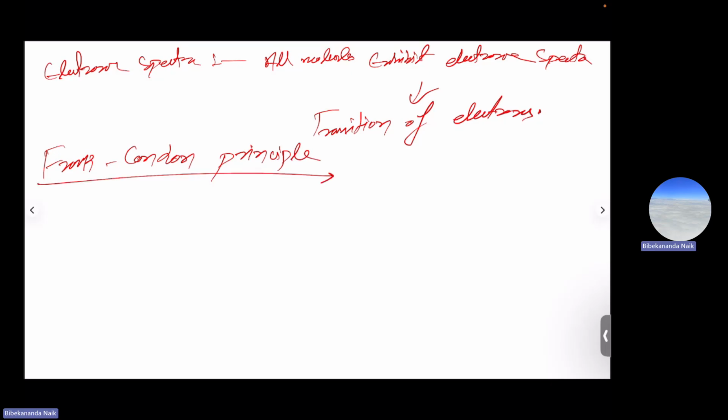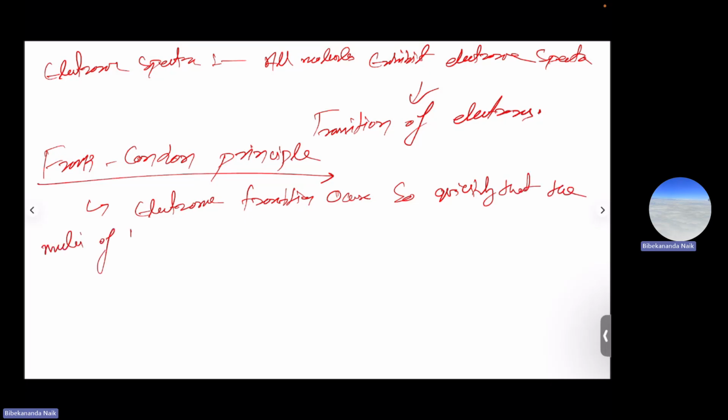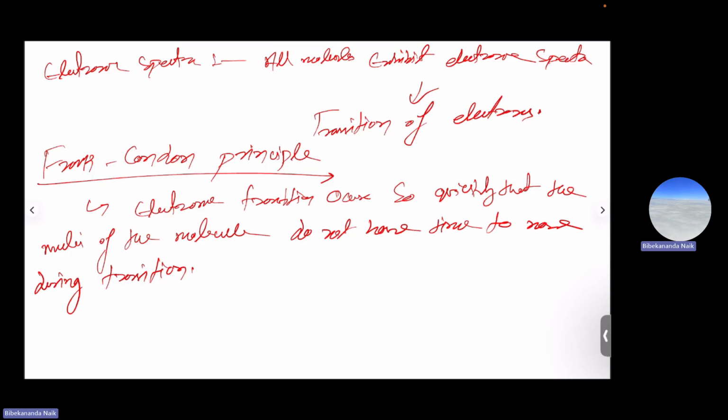According to the Franck-Condon principle, the electronic transition occurs so quickly that the nuclei of the molecule do not have time to move during the transition. Why is it so?